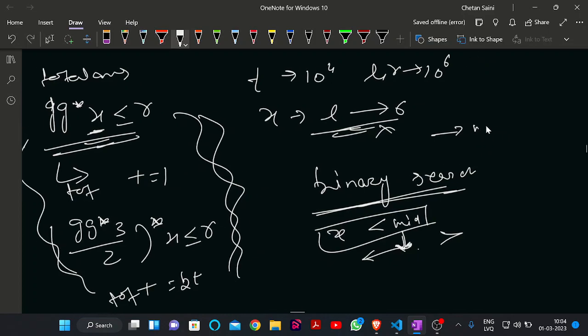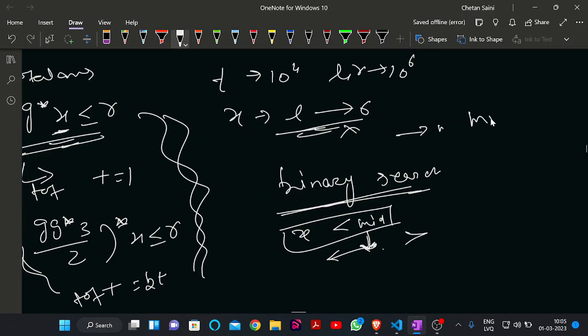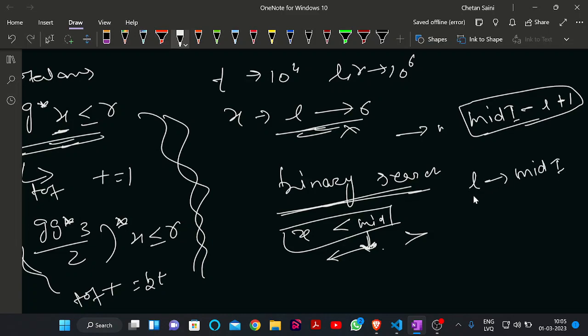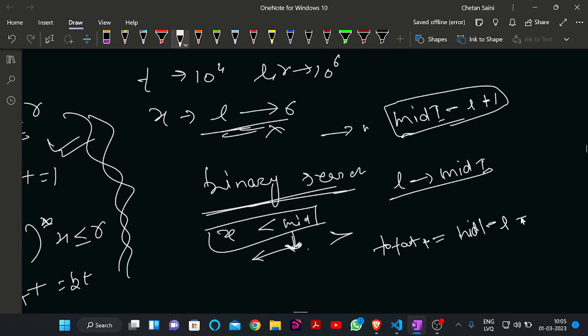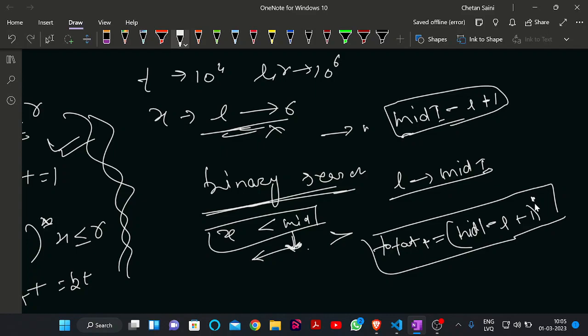Suppose that number is mid one. Then we subtract L and add 1, that is mid one minus L plus 1. That gives the total numbers from L to mid one which follow this condition, and we update our total answer with mid one minus L plus 1, because those are all numbers and every time we are increasing with 1.